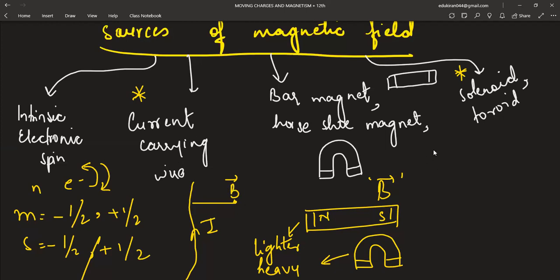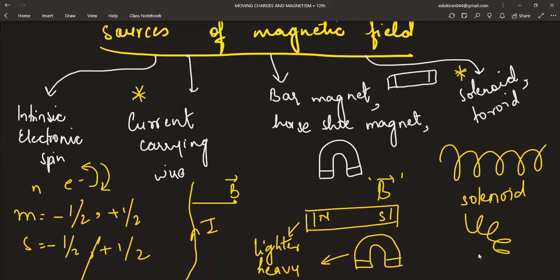If I turn the wire in the form of coils, this is called a solenoid. And if I join the ends of the wire and make it in the form of a circle, it's called a toroid.